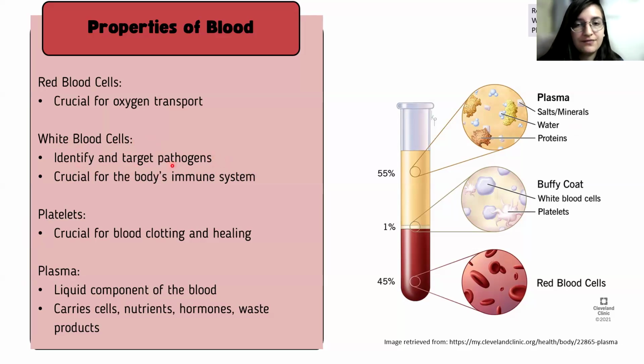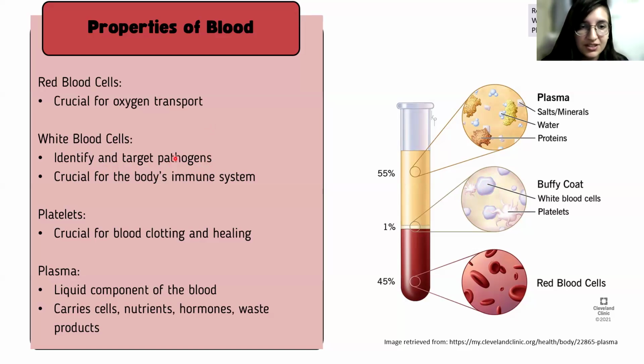So every time there is a virus that enters our body, or if there's a bacterial infection, it's actually the white blood cells that are responsible for protecting us against that. So the white blood cell will catch those pathogens, those germs, and it's the one that gets rid of those germs by different processes.